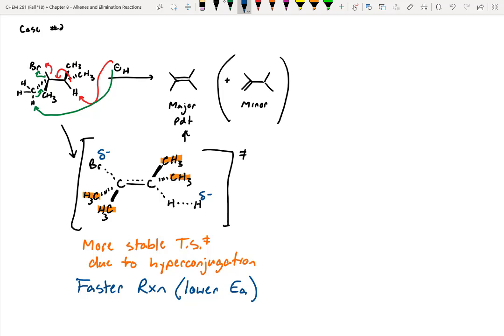So ultimately what this means is that when you're comparing two different E2 reactions, the E2 reaction that gives you the more substituted alkene will generally occur at a much faster rate than the E2 reaction that gives you a less substituted alkene. So let's make a note of that.